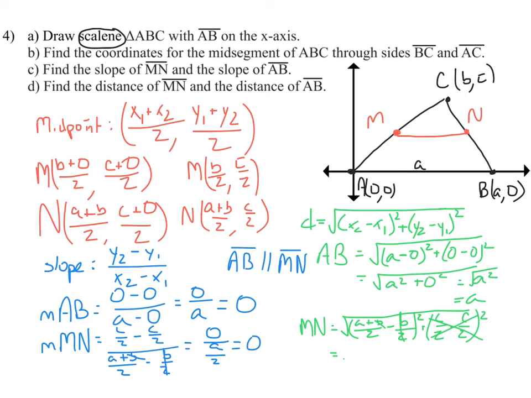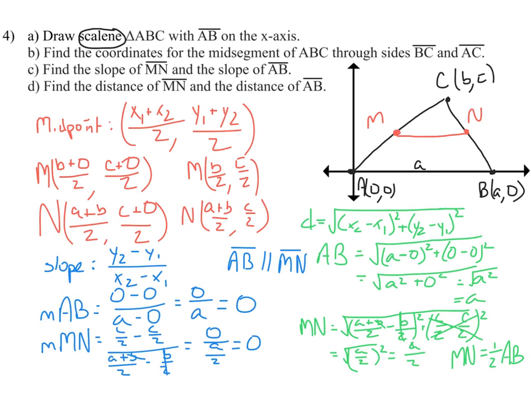So we end up with the square root of (a over 2) squared, or just a over 2. So the length that we get here for MN seems to be half the length of AB. Because the length from A to B was just a. The length of MN is a divided by 2. So we can make another determination that MN is half AB.